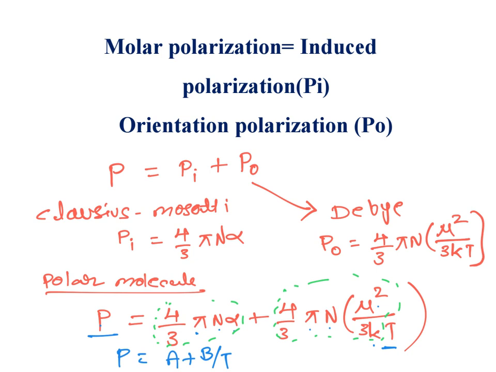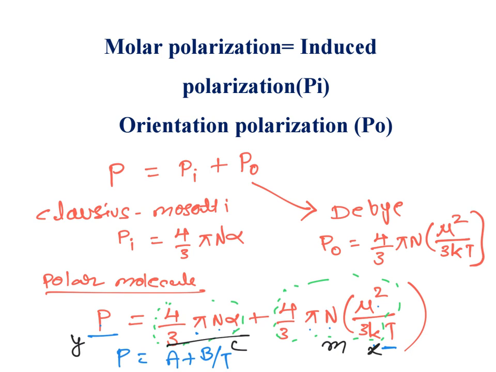Now if you see clearly, this is in the y equals mx plus c form. Let's take y as polarization, and this is constant c, and temperature 1 by T if you are plotting, this is mx.